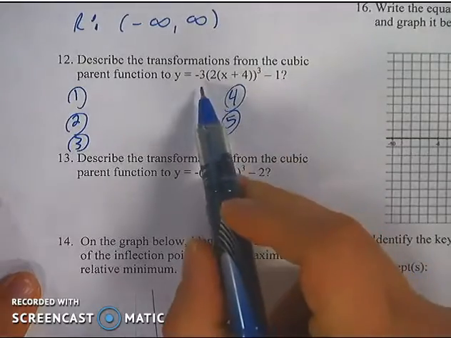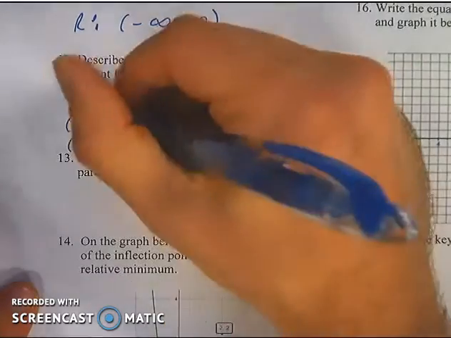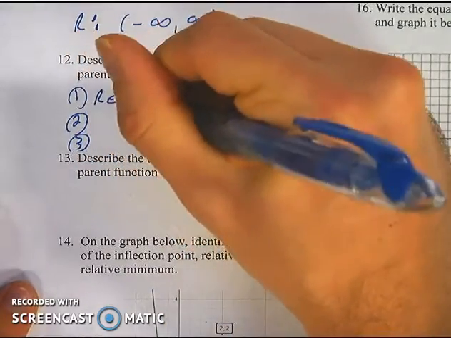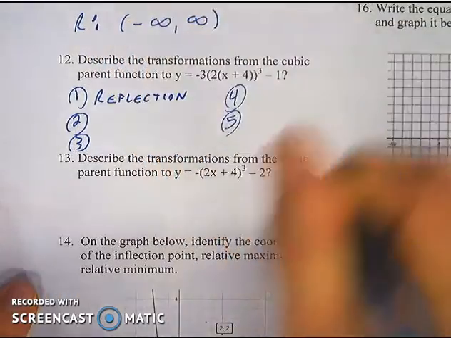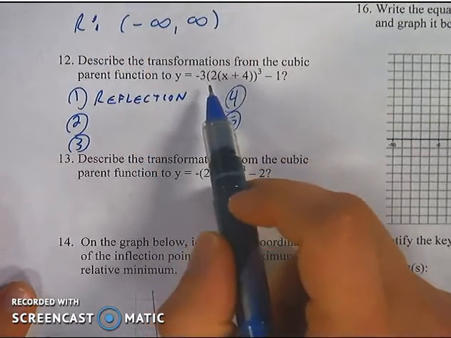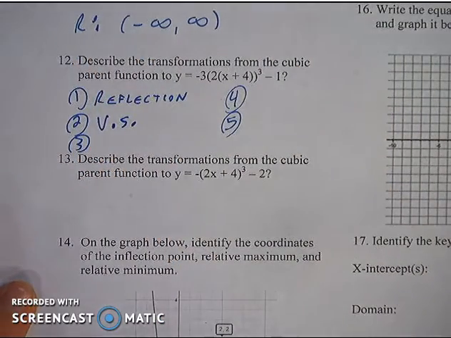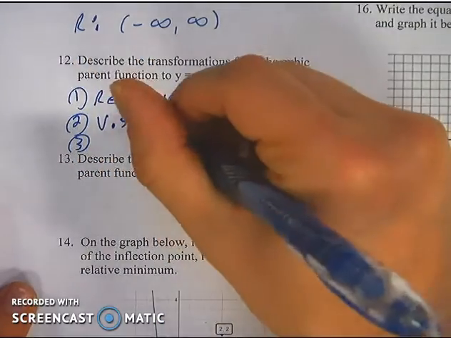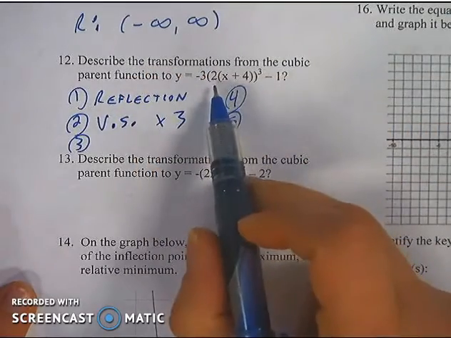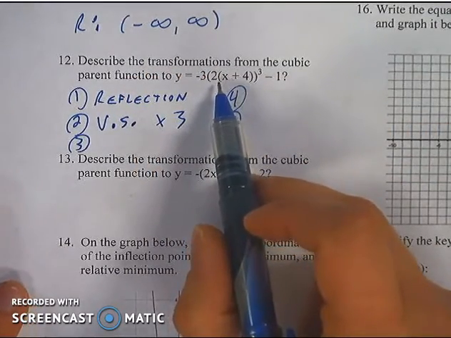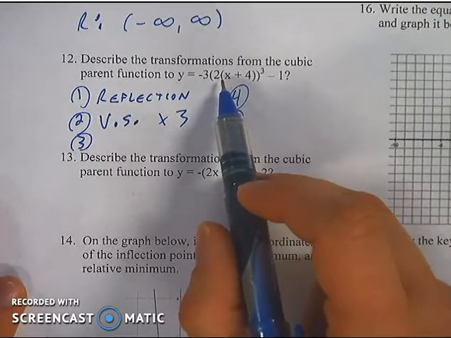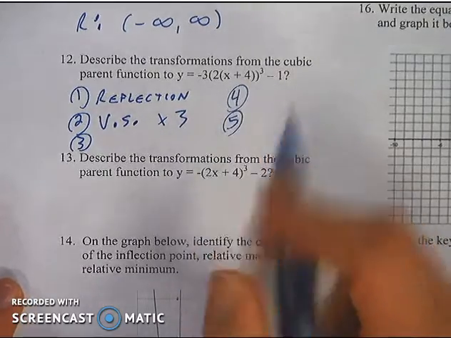First transformation is that negative right there. That makes this thing a reflection across the x-axis. The next one, that 3, that makes it a vertical stretch, which I'm going to abbreviate as VS, by a factor of 3. This 2 right here is the horizontal, but it's a horizontal compression because it's greater than 1. Remember, inside the parentheses is counterintuitive.